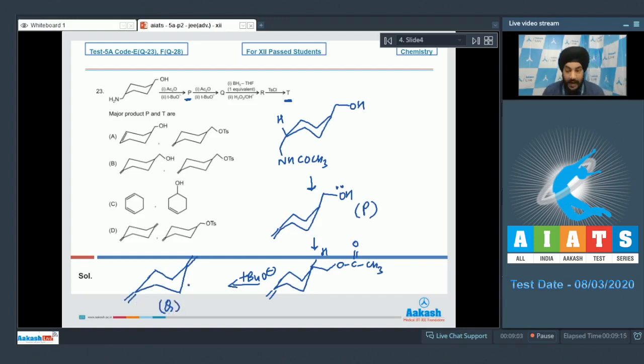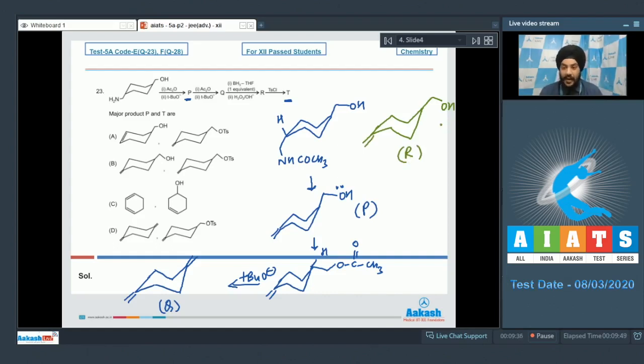Now students, this Q is allowed to react with BH3 in presence of THF, and we have to talk about the addition of only one equivalent. So there will be hydroboration, and since both these double bonds are equivalent, we can add the alcohol to any of these positions. So students, let us assume that we obtain this product as the product R due to addition of one equivalent of the alcohol.